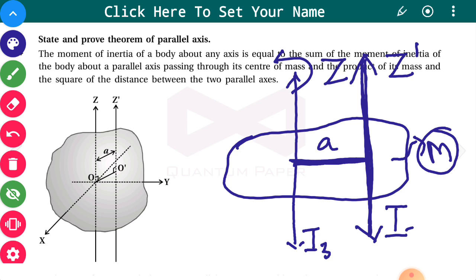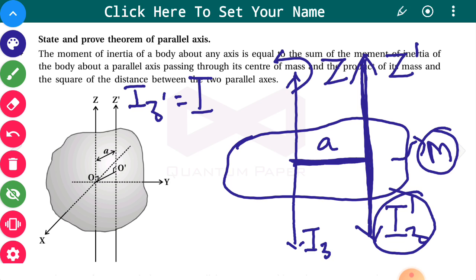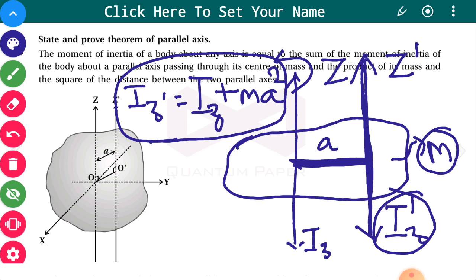Then the moment of inertia about this new axis, Iz prime, can be written as the sum of the moment of inertia about the original axis, Iz, plus the product of the mass and the square of the perpendicular distance between these two parallel axes, so m a square. So the new moment of inertia about the new axis is the sum of the moment of inertia about the original axis and the product of mass and the square of the perpendicular distance between these two parallel axes.